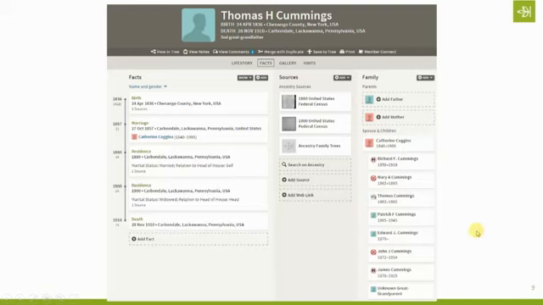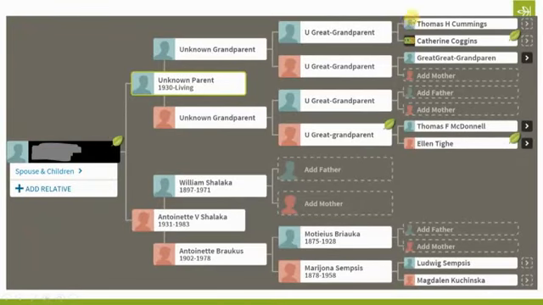Now, there is one other step that you can take that will give you a little bit more certainty. So in this case, for example, I've identified Thomas as one of the potential children in this family, so Thomas here, then Thomas Jr. would go here in this spot.